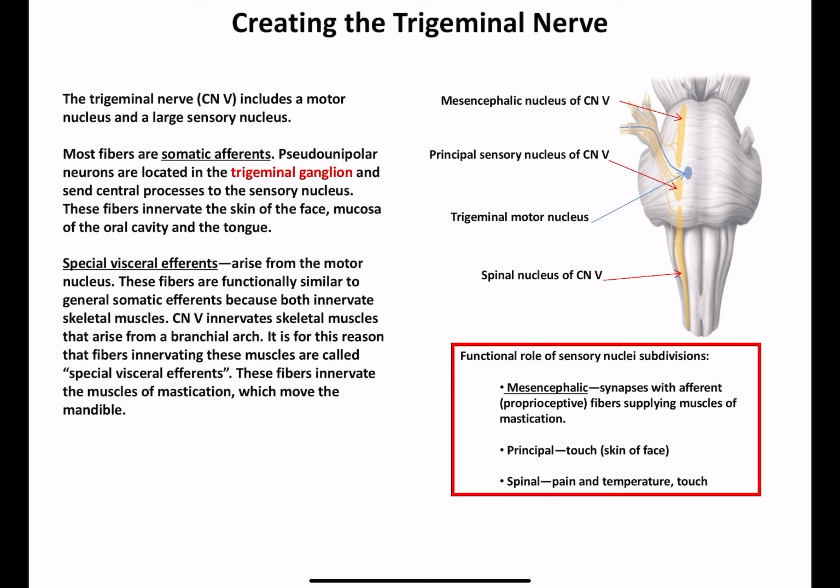And then it also has the visceral efferent one. It comes from the motor nucleus, and the motor nucleus is right here, more midline, the blue dot that we see. It's going to innervate the skeletal muscles of the face. One thing you can say: muscles of mastication are controlled by the trigeminal nerve, the lowest branch. Muscles of mastication means the muscles of chewing.